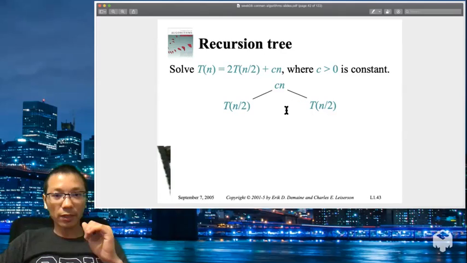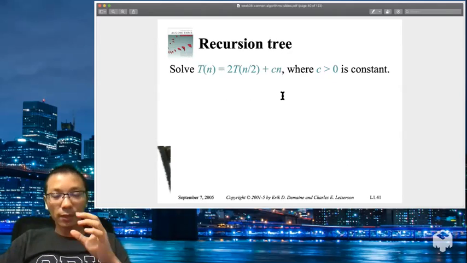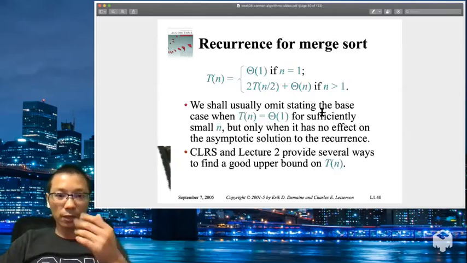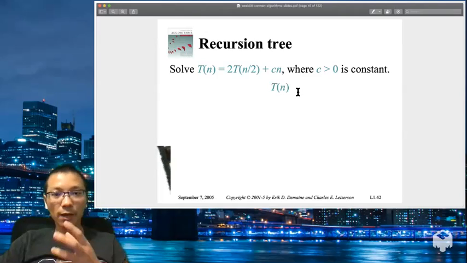Remember the constant time for this particular formula here. The theta of n is a set of functions, right? So we're just going to use a constant coefficient, Cn, to represent how much time it actually takes. So instead of the theta notation, we use the actual time: Cn for some number C.